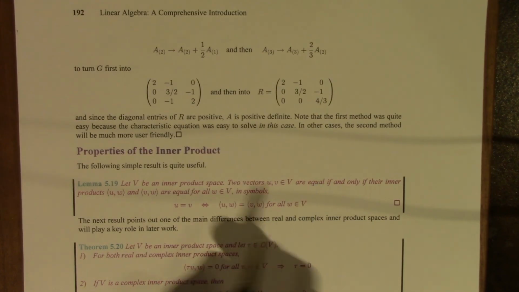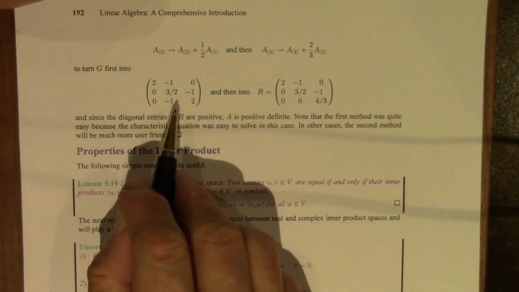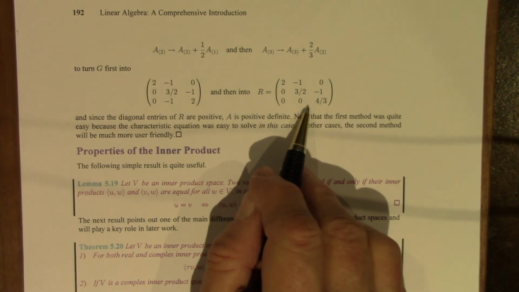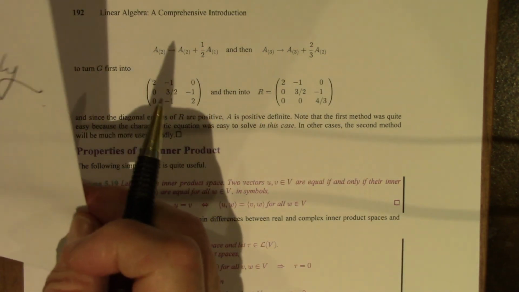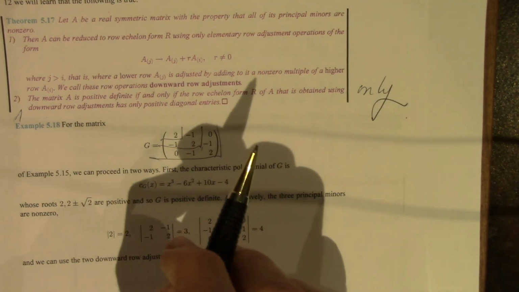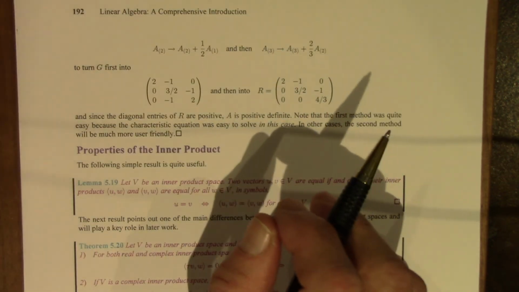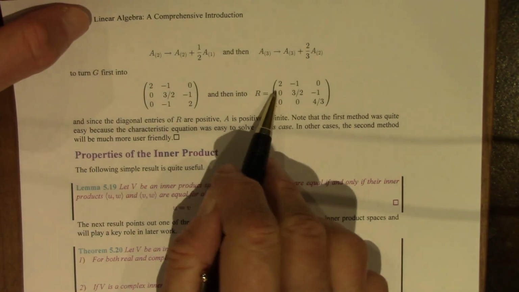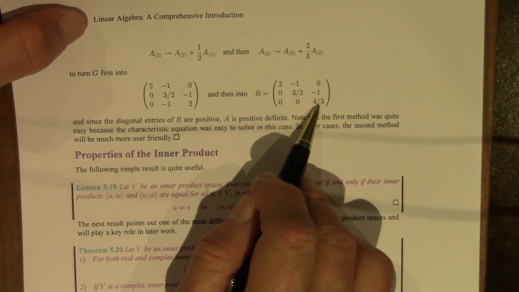And we can use the 2 downward row adjustments to bring this matrix first to this one, and then finally to this matrix, which is in row echelon form. Just got to make sure here I didn't say reduced row echelon form, because that would be a disaster. Row echelon form, good. Okay. And the entries on the diagonal, they're all positive.